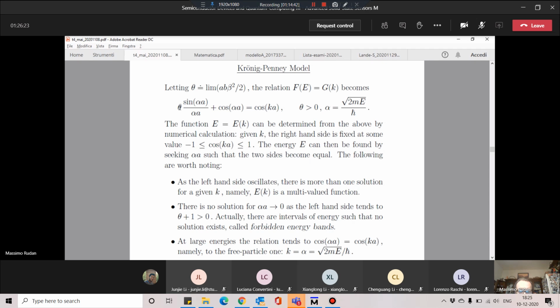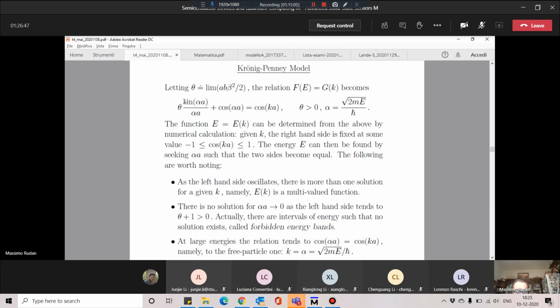Then what do we expect when we start from the energy equal to 0 and increase the energy? Well, when we increase the energy, we increase alpha. So, of course, the cosine of alpha A oscillates, and also the sine of alpha A oscillates.